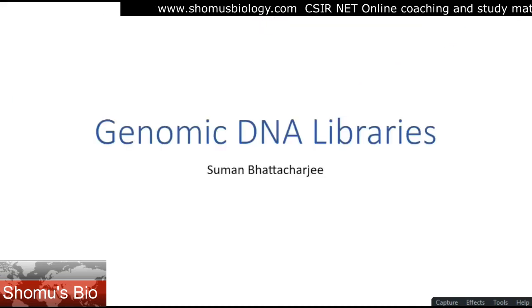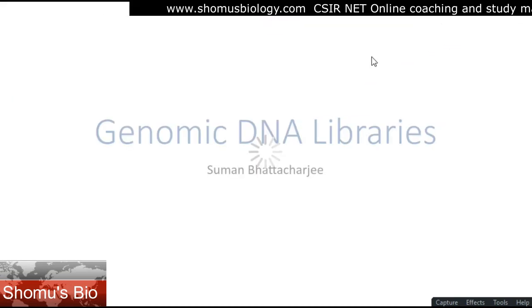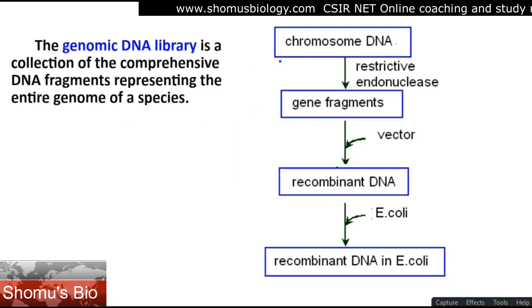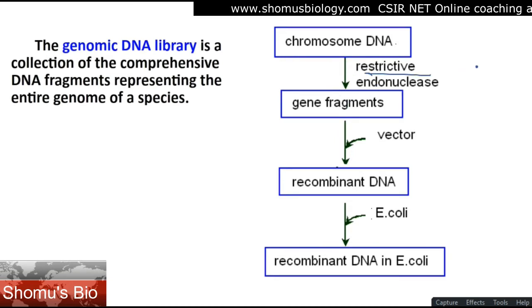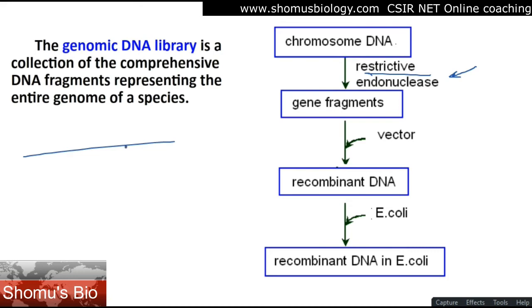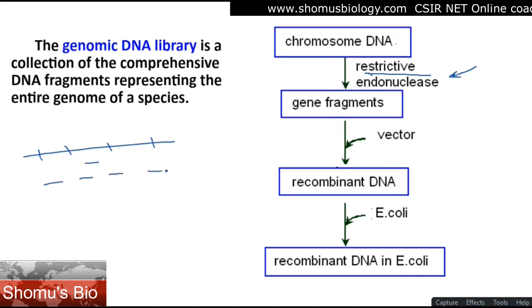Genomic DNA libraries can be prepared for every single gene that the organism has in its genome, so literally the whole chromosomal DNA. You take the chromosomal DNA and fragment it with restriction endonucleases. For example, in one genome, we use 4 different restriction endonucleases to generate 5 different fragments.